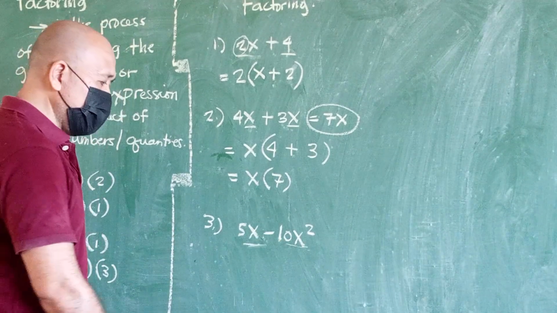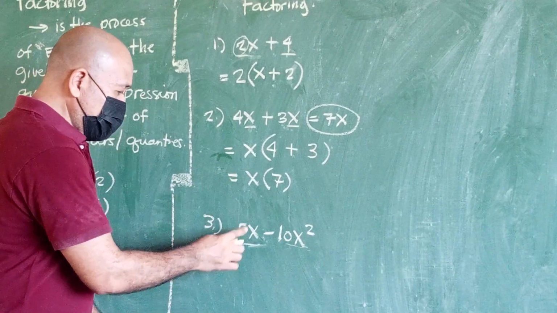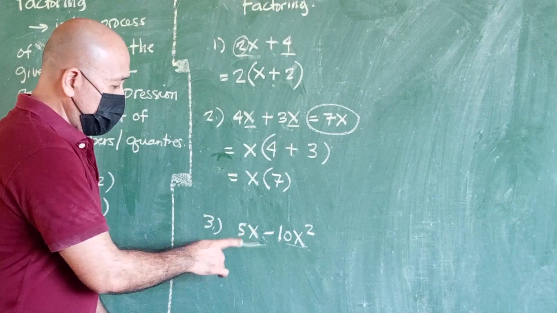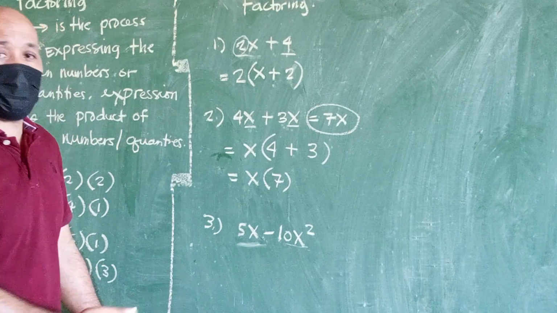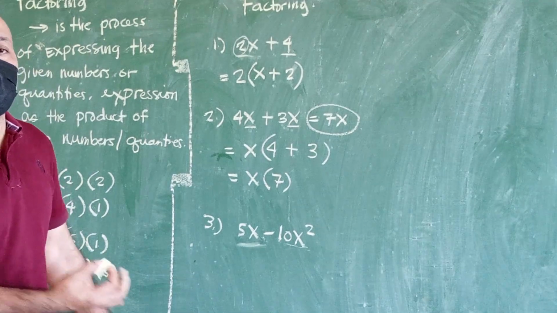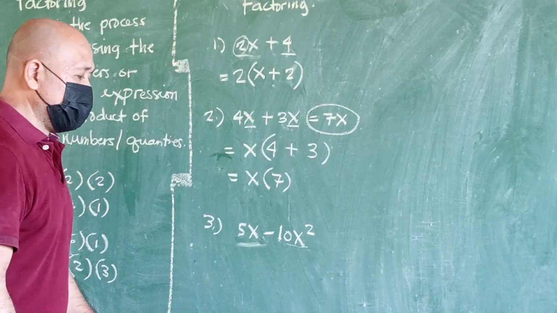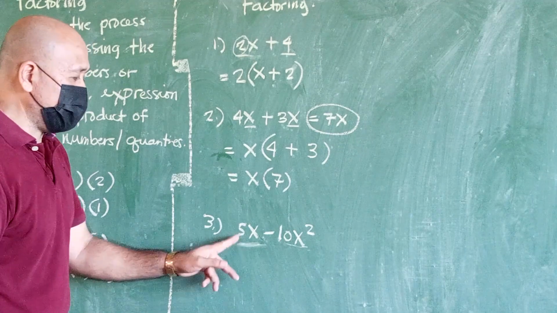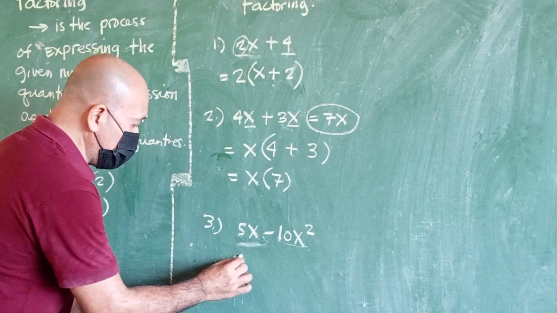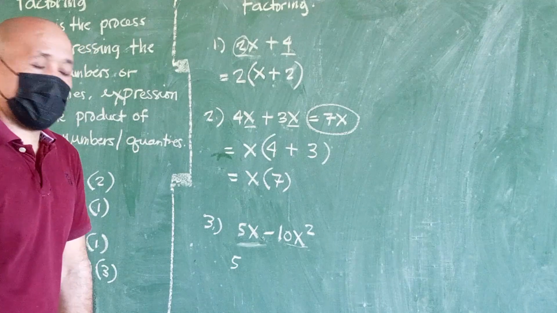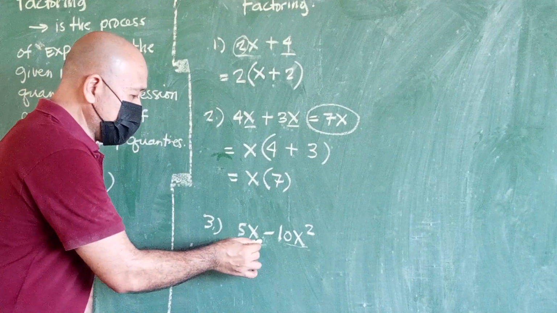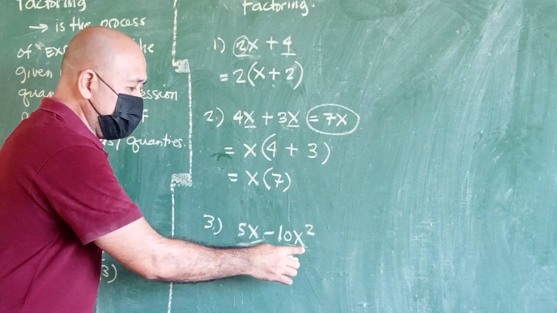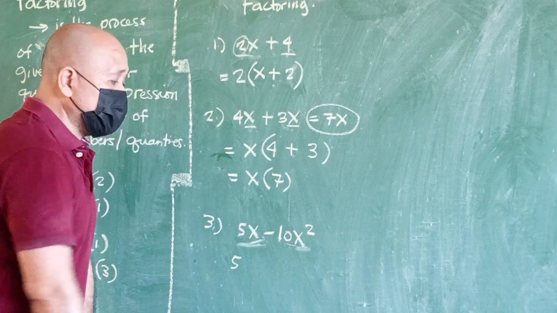So you have to begin first in the coefficients like 5 and 10. So if there is a common factor between 5 and 10, then you need to factor that out. That is what we call the common between 5 and 10. And obviously, the common is 5. And then, you compare also variable x in the first term and variable x in the second term.